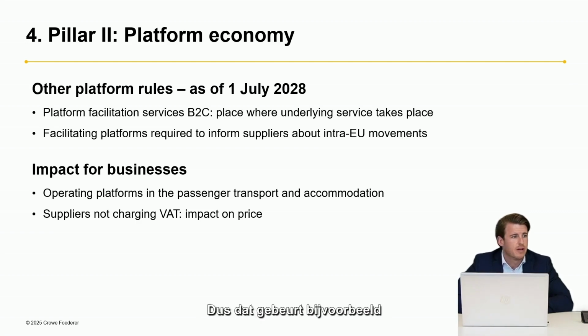That happens when, for example, fulfillment centers are used in different EU member states where the supplier keeps the ownership of the goods. If these goods will be moved to other member states, then the platform should inform the supplier about this. I think in most cases this is already happening, but now it's formally required.